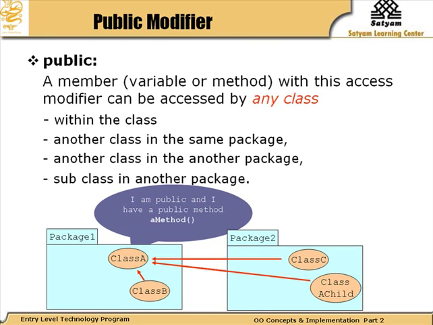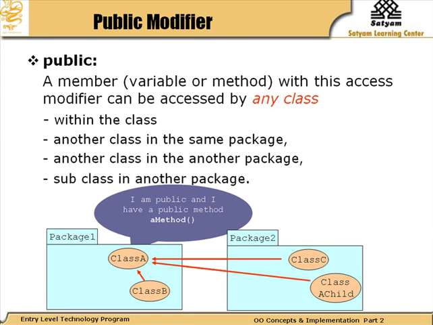Here I have 4 classes and 2 packages. Class A has a public method aMethod, which can be accessed from class B, which is in the same package, as you see here in this diagram. The method can be accessed by class C from package 2.